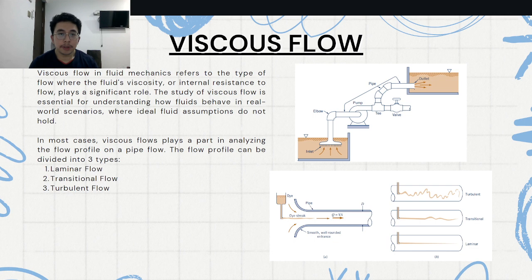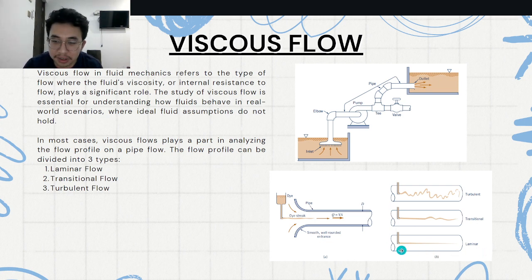In most cases, viscous flow plays a part in analyzing the flow profile in a pipe flow. The flow profile can be divided into three types: laminar flow, transitional flow, and turbulent flow. Let's start with the smoothest one, which is laminar flow.